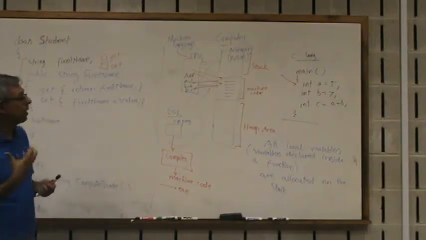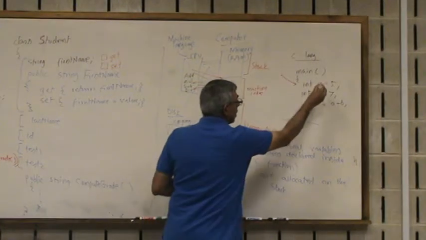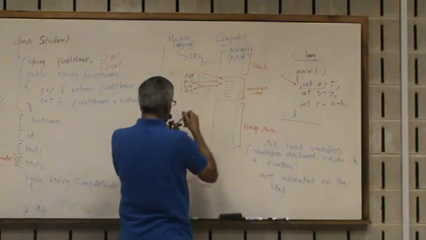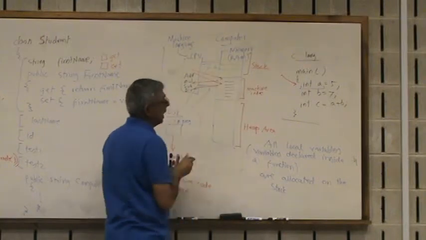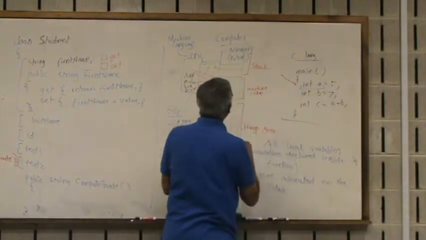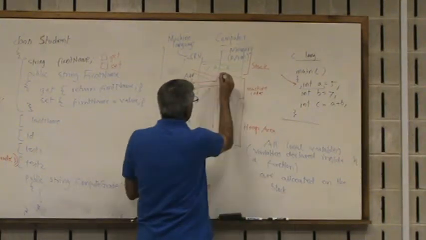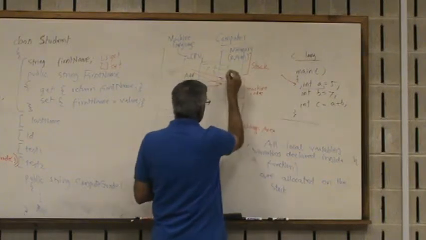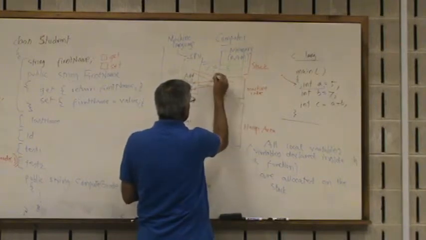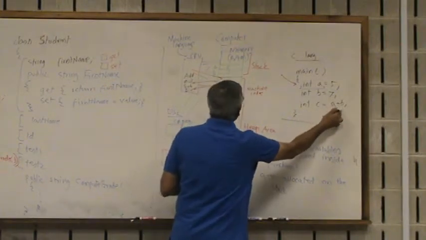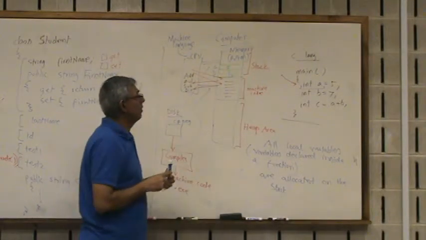As the computer is executing, it will look at int a, for example, and allocate some memory over here for variable a. Then a = 5, it will store 5 over here. Then int b = 7, it will allocate memory for b, b = 7. Then int c, it will allocate memory for c. c = a + b, so it will go to wherever a was stored, wherever b was stored, and store 12 over here.